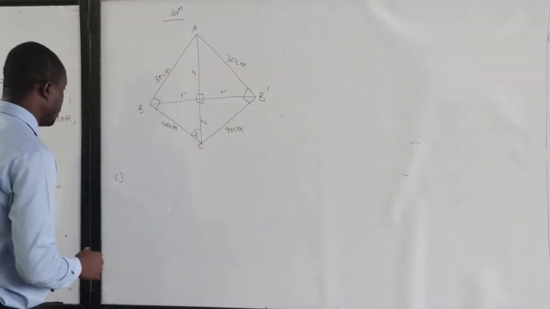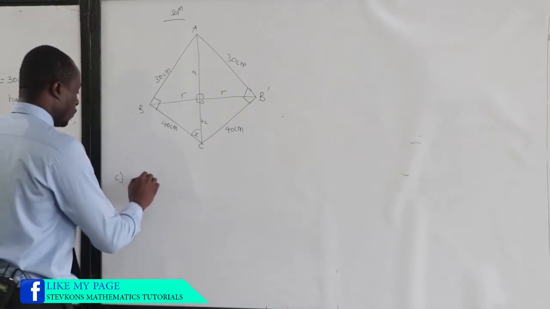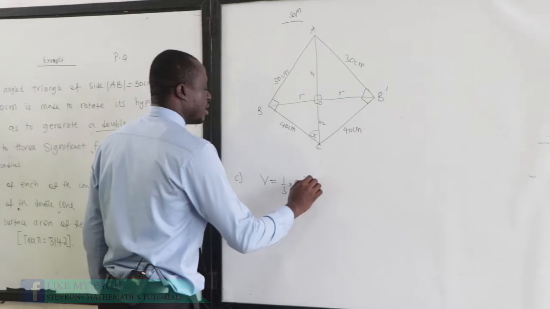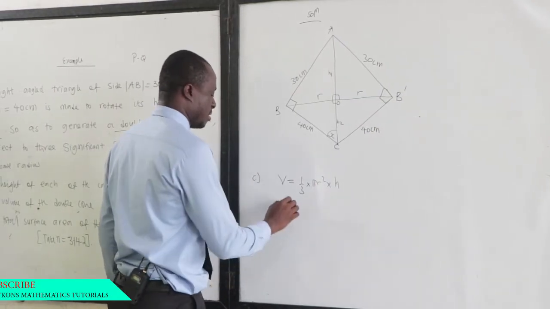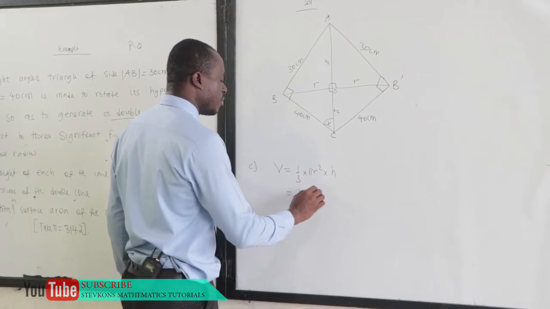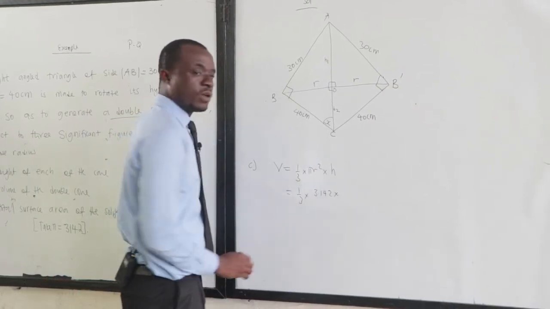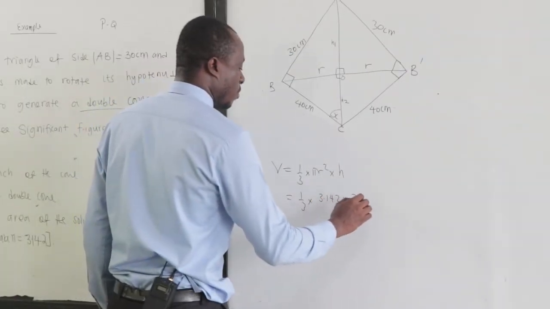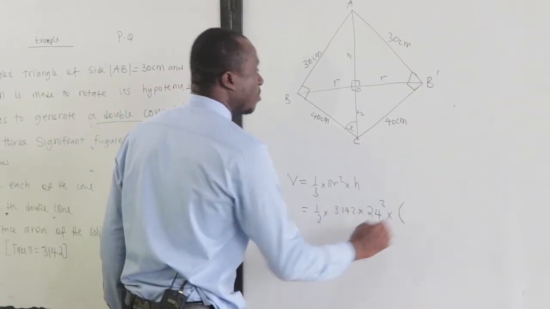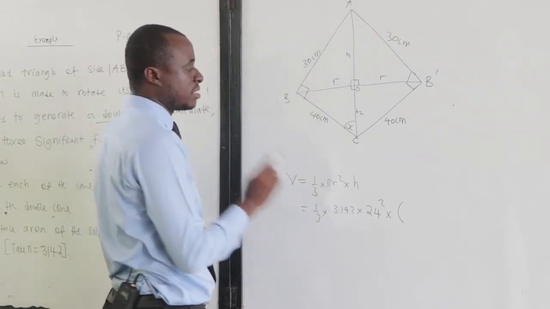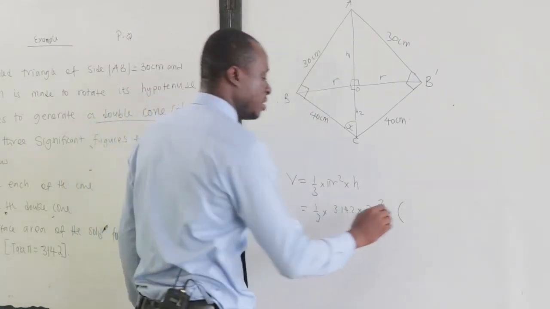So volume is 1/3 base area times the height. Our pi is 3.142. Don't forget. And then what is the radius? The radius is 24 square. Now, the height is the same as AC, which is H1 plus H2, which is 50.